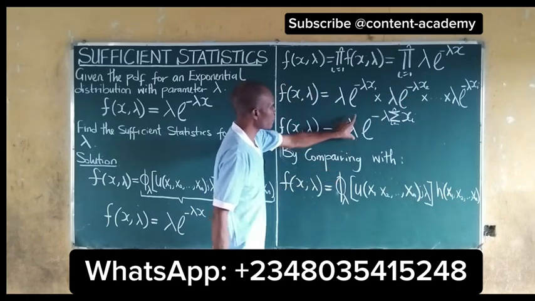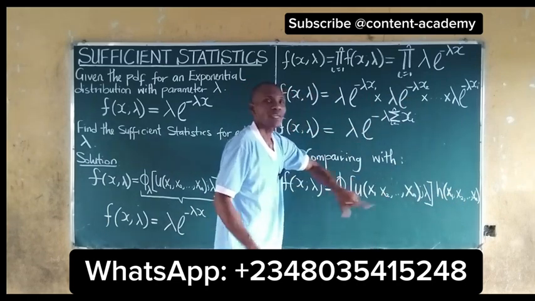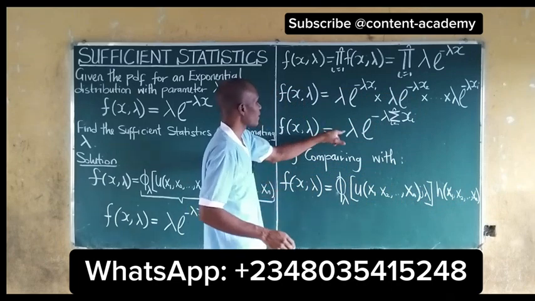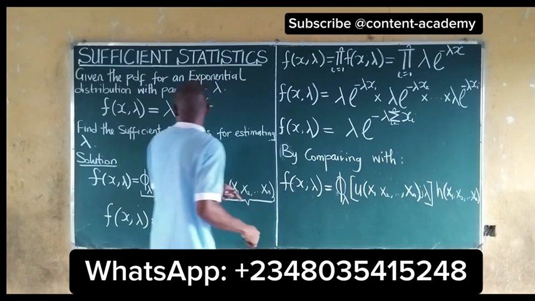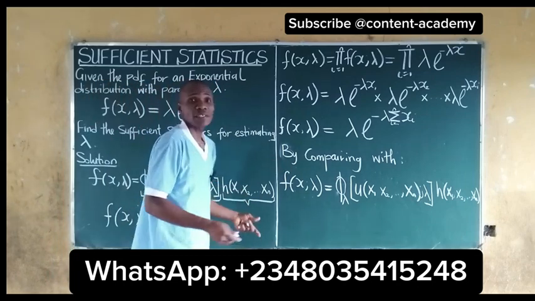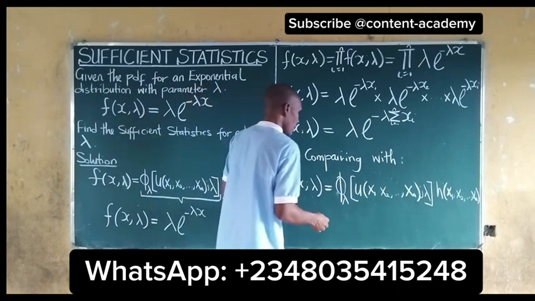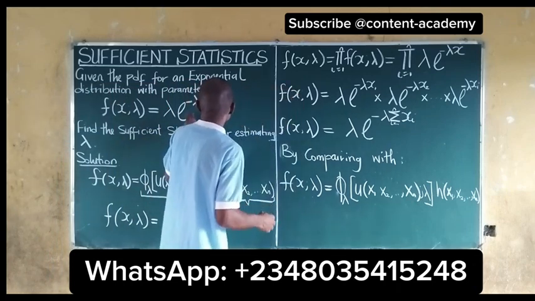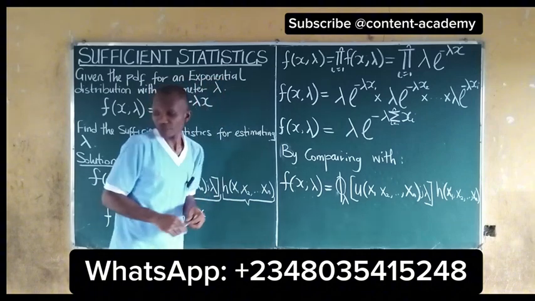So by comparing the whole of this with this, we can now see if lambda can be estimated for sufficiency. Now, we move over to this side to write it out properly.